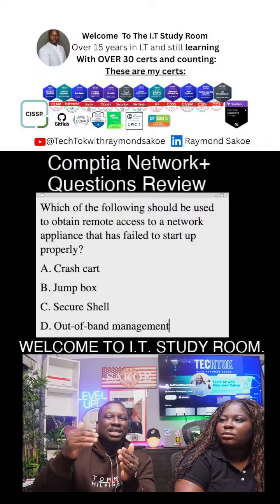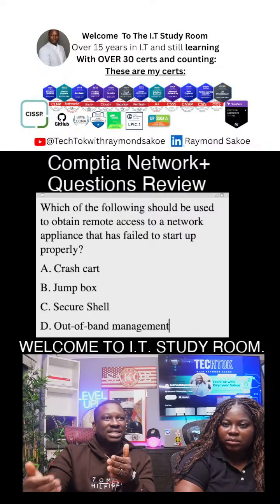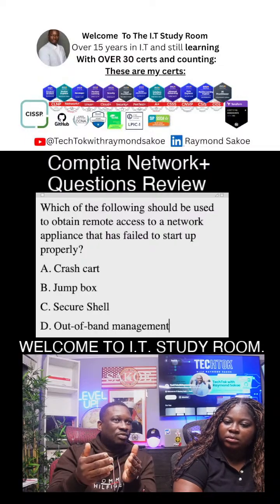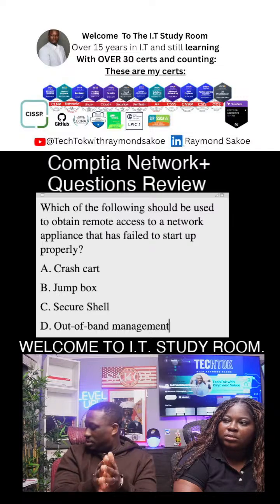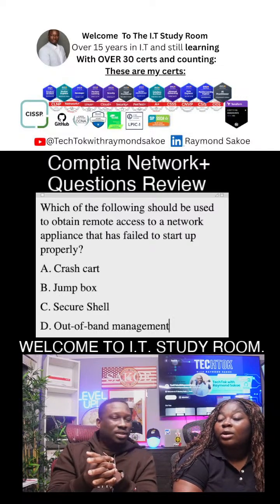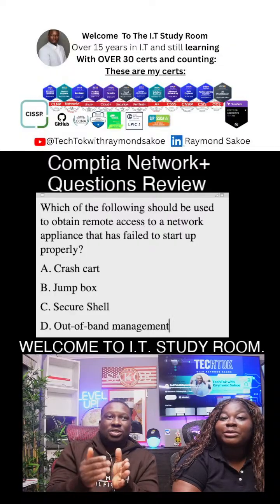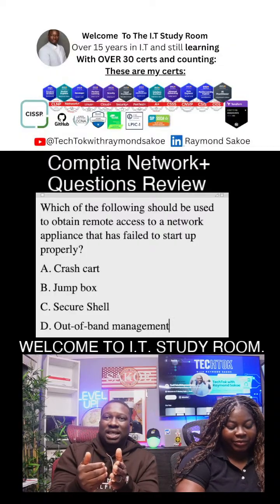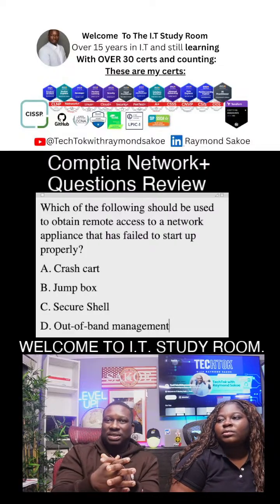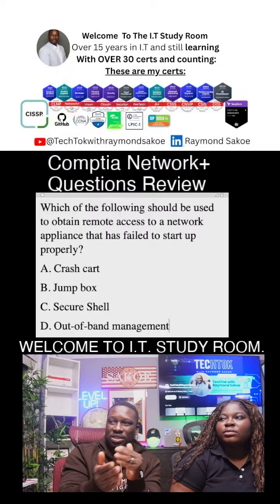So basically you're trying to manage the device using the same connection as the regular operation of the device. I'm going to show you that on the other side. So you have the option to use inline, which is basically using the same internet connectivity. So type in the IP address, and you'll be able to log in to manage.